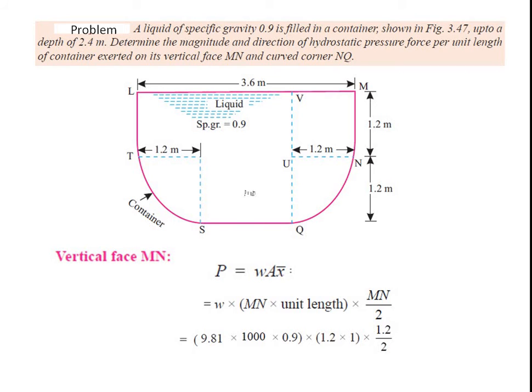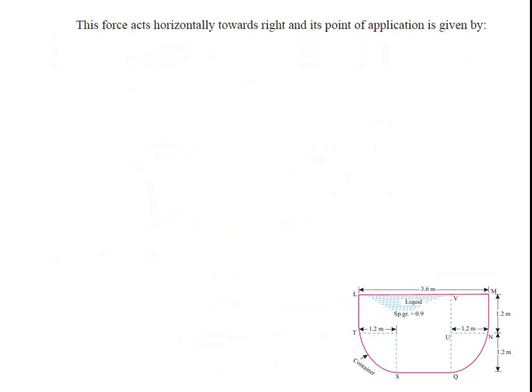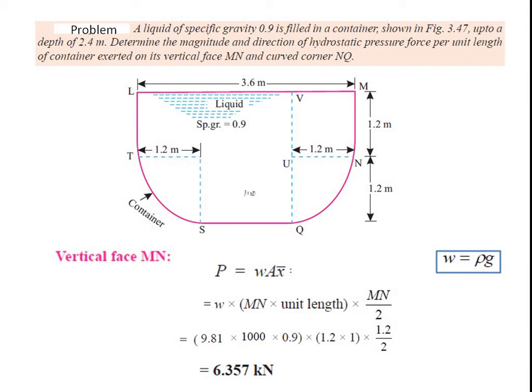We consider unit length because we don't know the depth of this container. So it is 1.2 into 1 meter into x bar. For a vertical line, x bar is at the midpoint, so it is MN by 2, that is 1.2 by 2. Therefore for the vertical surface MN, the pressure force P is equal to 6.357 kilonewton.